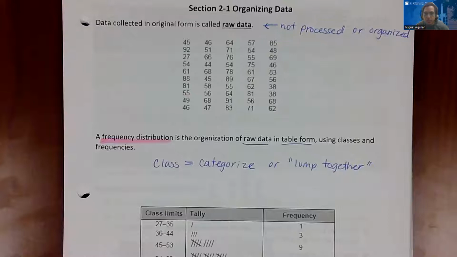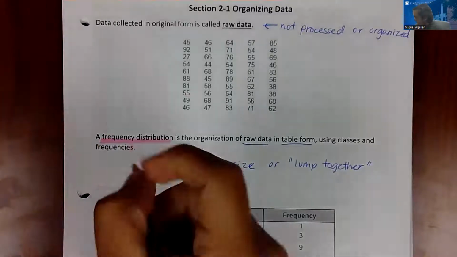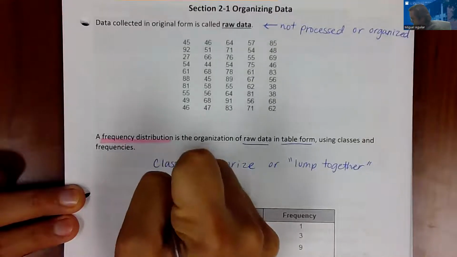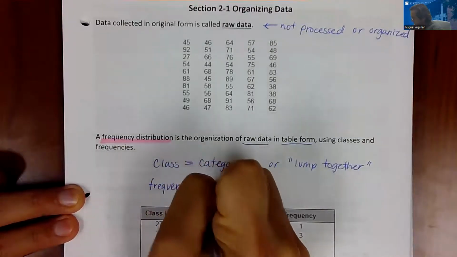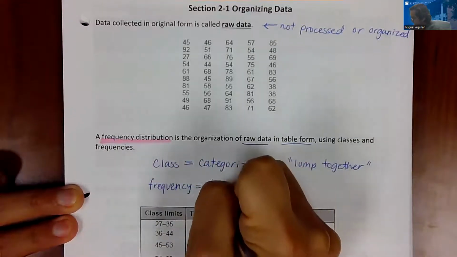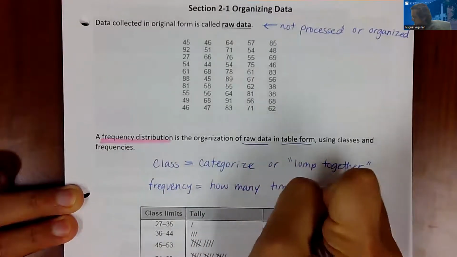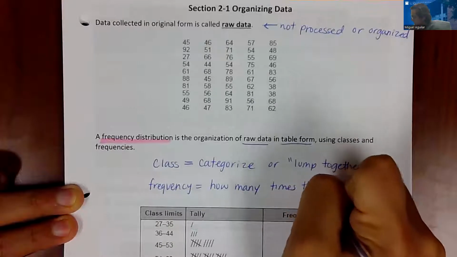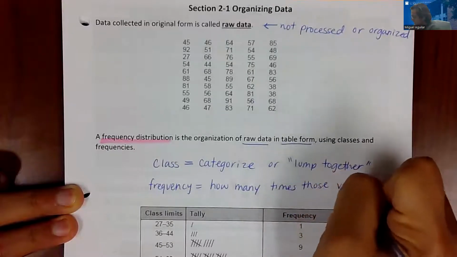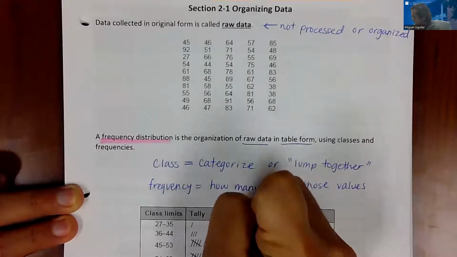Okay, we're going to break up the data and organize it in that way into different groups. And then the frequencies is literally just how many times those values occur in the data set.